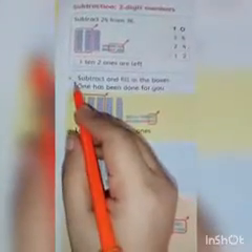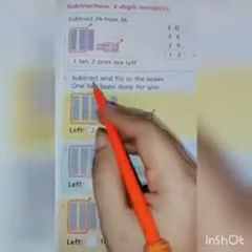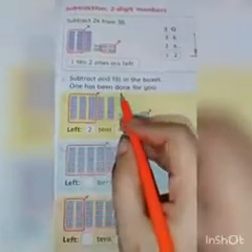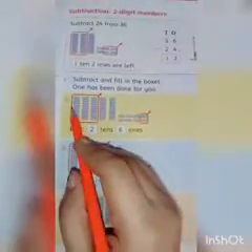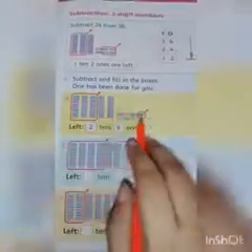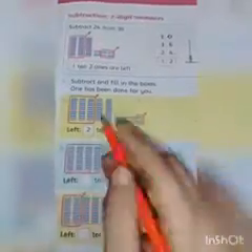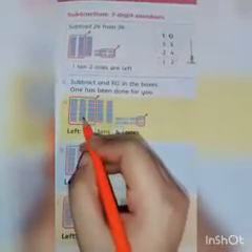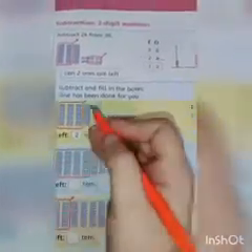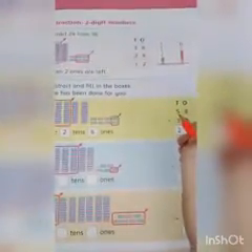Here we have question number 4 and the question is subtract and fill in the boxes. One has been done for you. Students, here we have part A. This one part is done for our help. Here we have some tens and ones. We are going to count all of them together. 1, 2, 3, 4, 5. 5 stacks of tens. 5 is already written here.